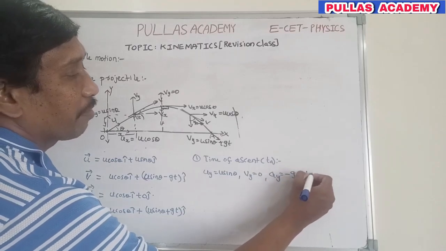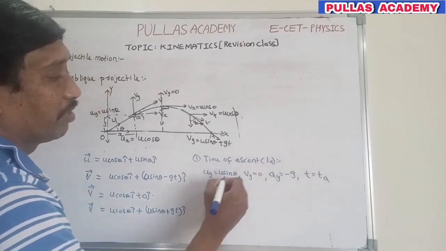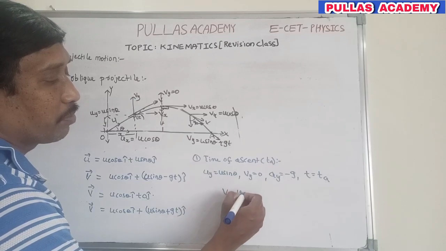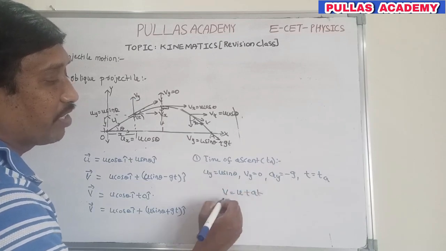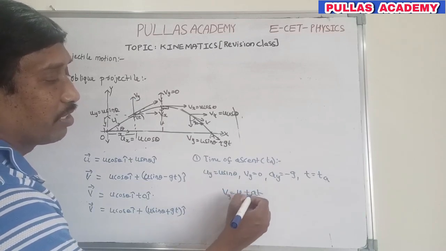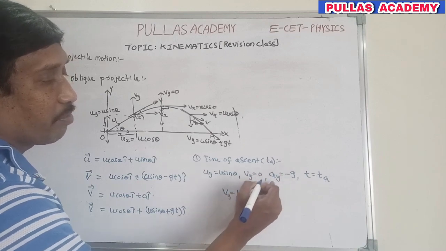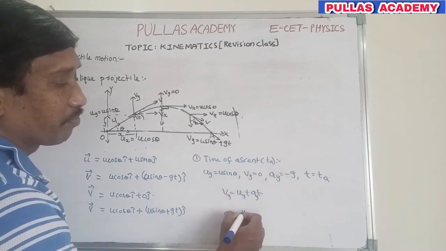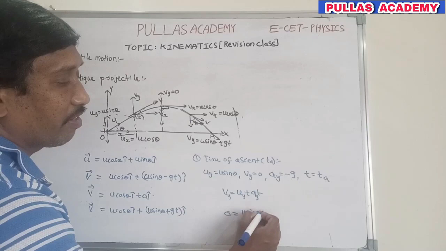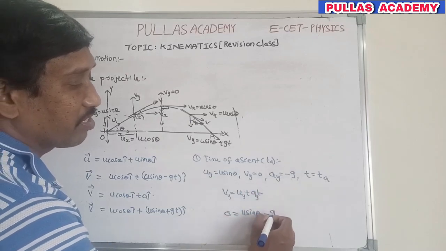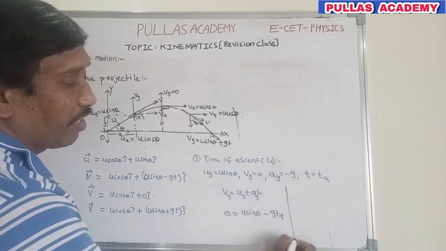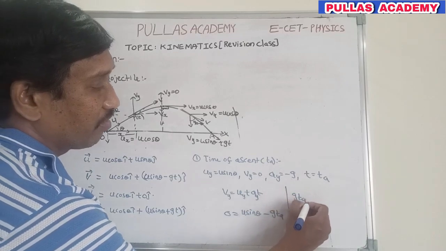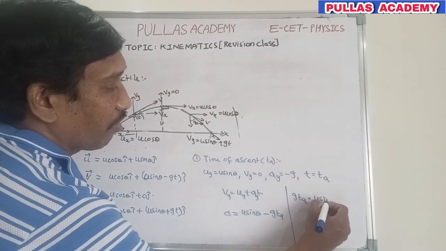Next, what is the time taken? t. Then v is equal to u plus at is the formula. Vy, that means vy, uy, ay. So vy stands for 0. 0 is equal to u sin theta plus ay, which is minus g, into t. So finally, g ta is equal to u sin theta.